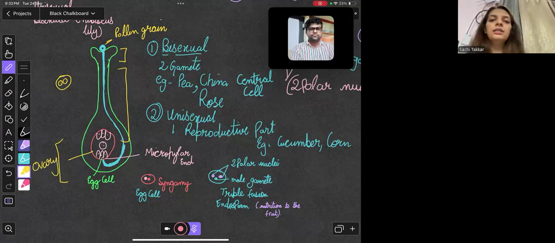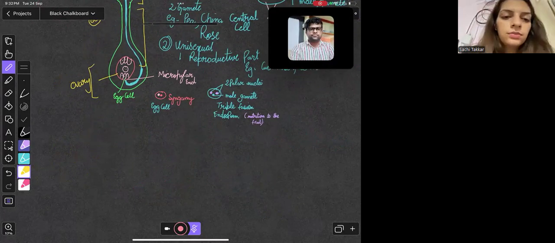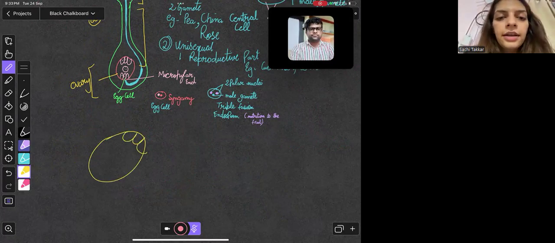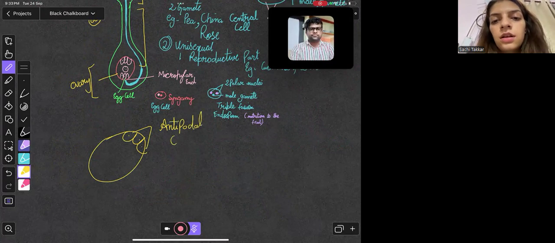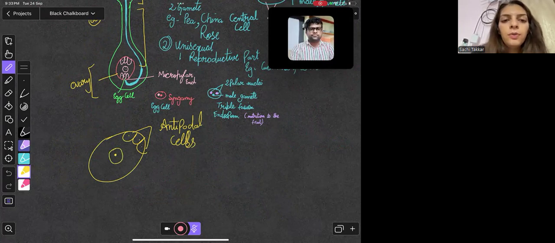Inside the ovary, there are three antipodal cells. Then there are two polar nuclei.